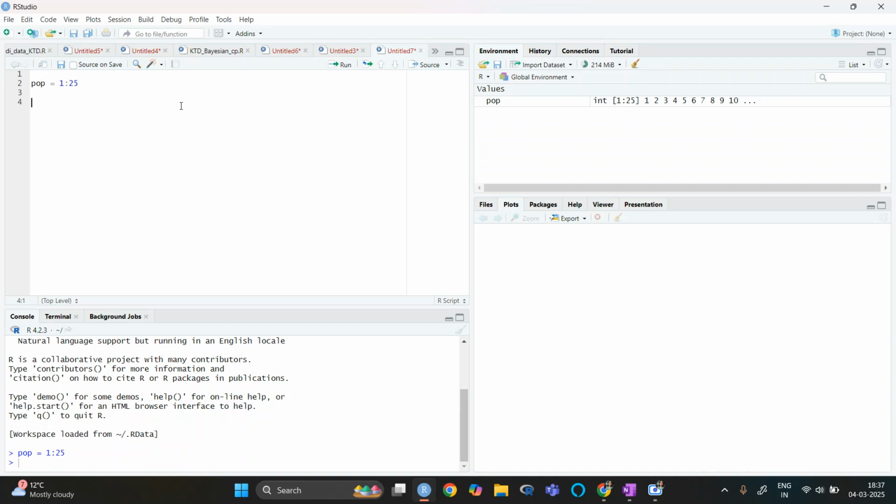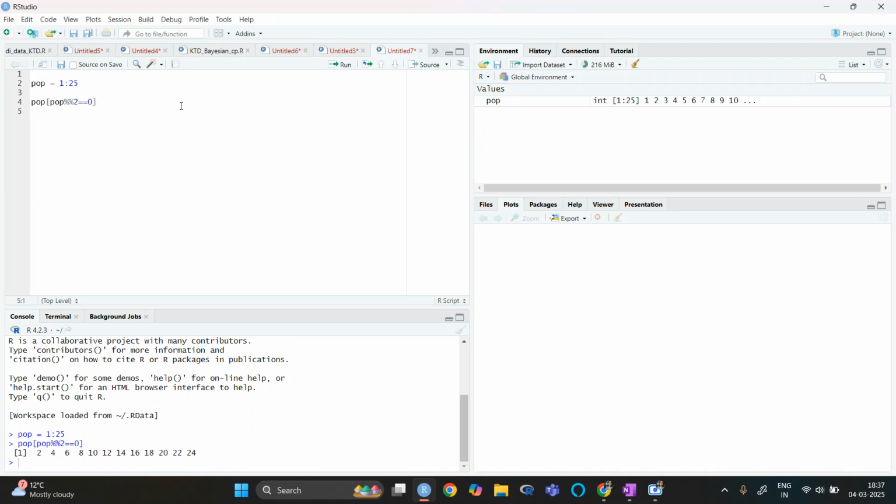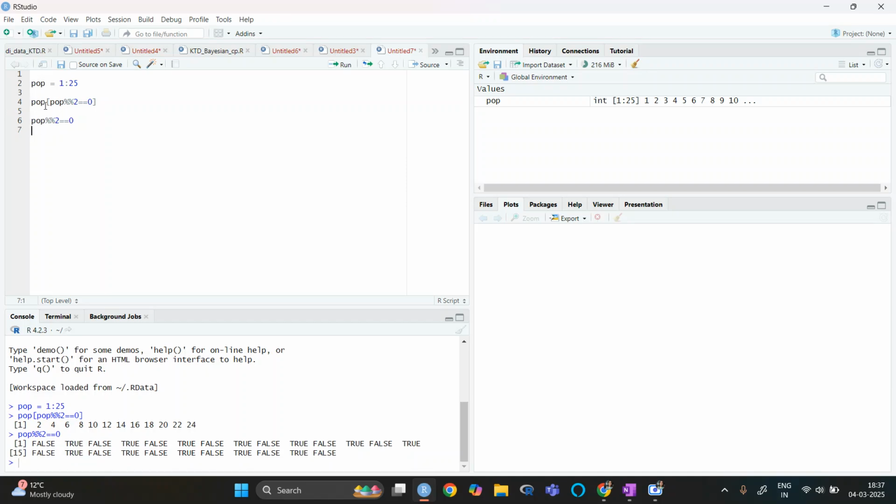So let's say I'm saying pop such that pop is divisible by 2, that means if it is an even integer, then I'm considering it as yes, otherwise no. So if I write this, you need to see that when I'm saying pop such that this happens, it is giving me the numbers.